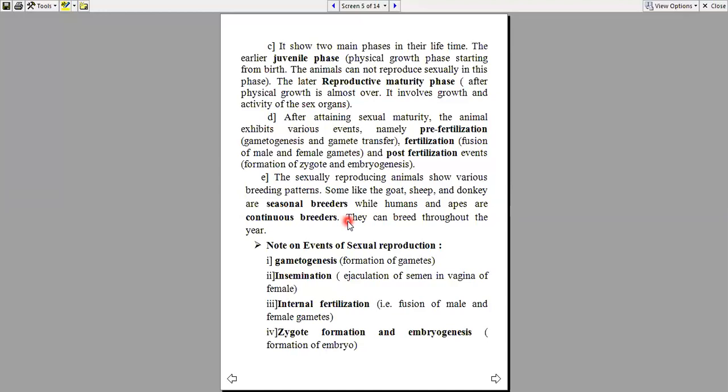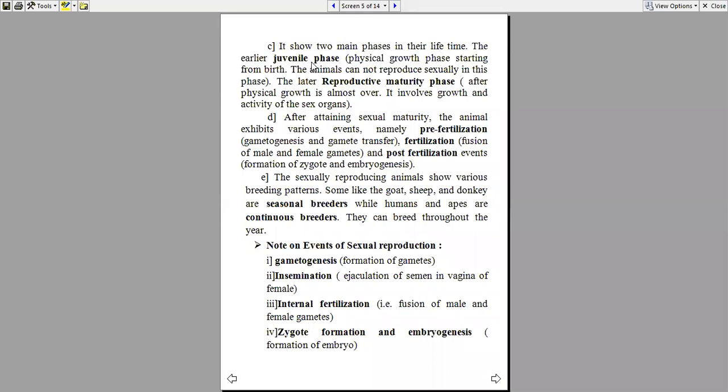So these are four different characteristics of sexual reproduction. At least four of them you have to know. Now, as we have seen in point number 3 and point number 4, here again you may get two different questions. What are the two main phases in the life of sexually reproducing organisms? The two major phases are the juvenile phase and the reproductive phase.